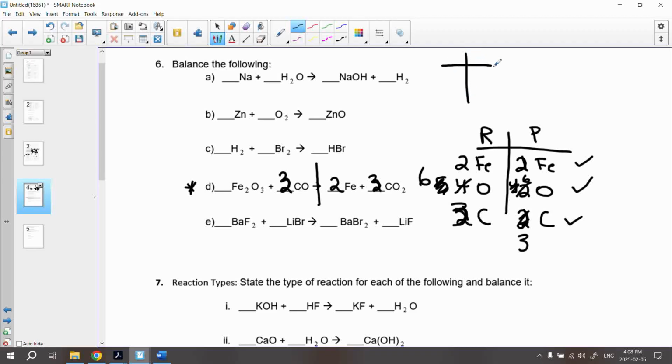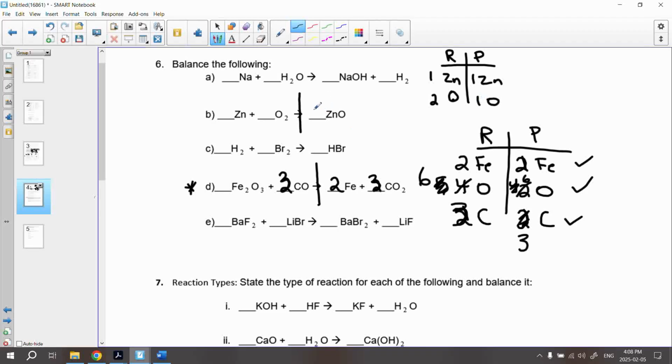So just to show you a little bit easier one, if we looked at zinc plus oxygen producing zinc oxide, if I take a quick inventory, I'm going to split this down the middle. On the reactant side, I have 1 zinc and 2 oxygen. On the product side, I have 1 zinc and 1 oxygen.